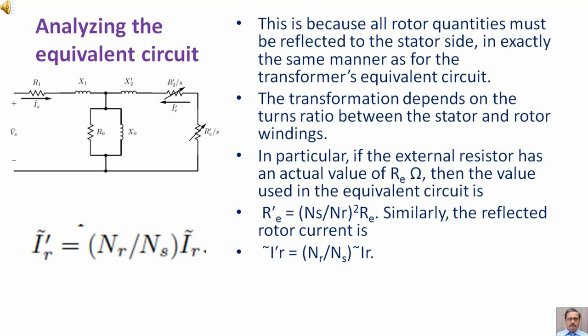In particular, if the external resistor has an actual value of R_E ohm, then the value used in the equivalent circuit is R'_E equal to (N_S divided by N_R) whole square multiplied by R_E.